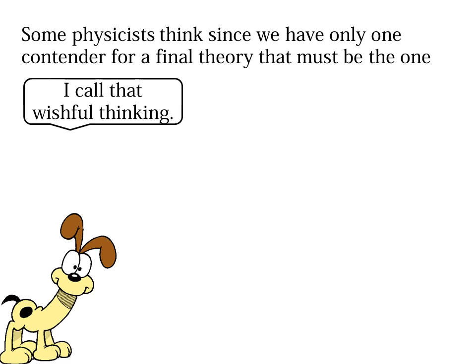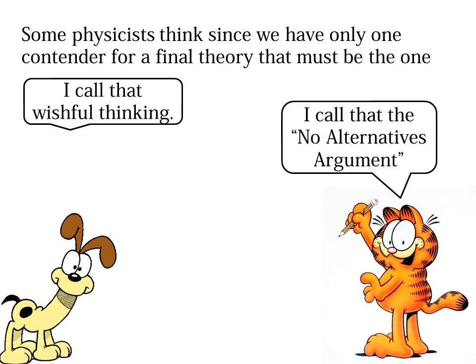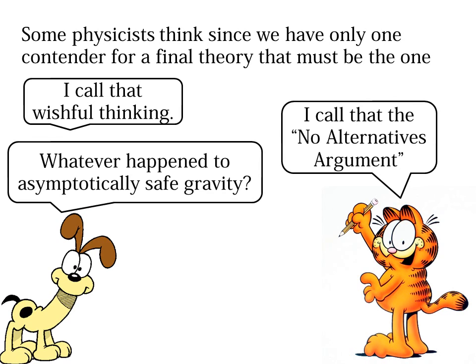The physicist remains skeptic. The philosopher calls that the no alternatives argument. And I wonder why Dawid in his book never mentions asymptotically safe gravity, which arguably does not attract as much attention as string theory, but it is also claimed to consistently combine general relativity with the standard model.